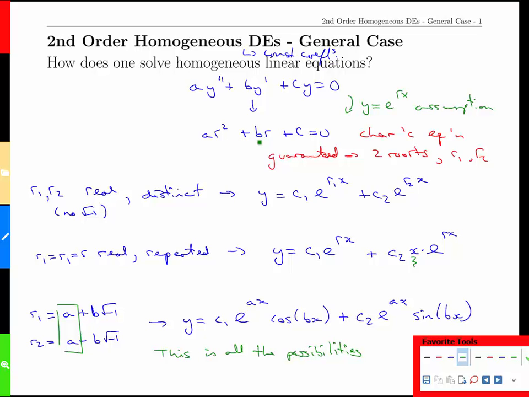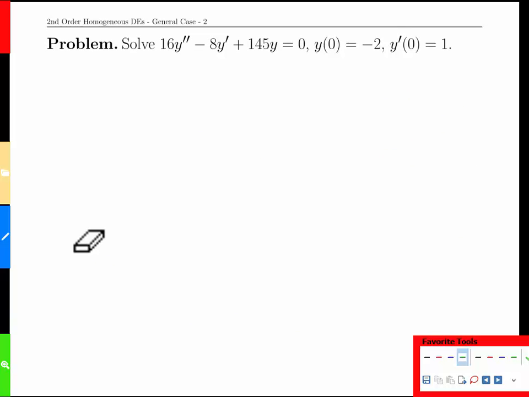This is going to pay dividends throughout the rest of the course, and I would like you to keep your eye on this idea that distinct cases, repeated cases, and complex roots lead to simple exponentials, exponentials scaled by something, and then exponentials mixed with sines and cosines. This pattern is going to arise a number of times through the course, so keep your eye on that as well. With that procedure in mind, let's take a stab at analyzing a scenario like this.